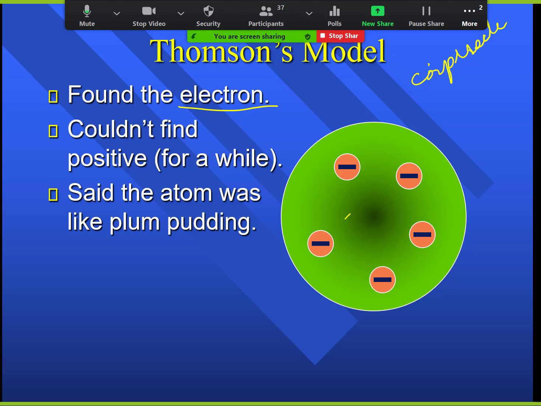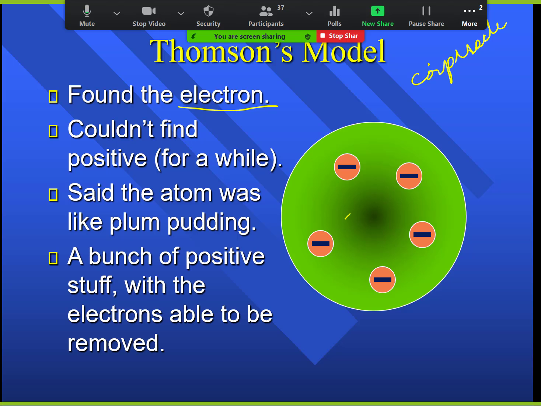Okay, it's not raisin bread. It's like raisin bread, except the bread is a spice cake like fruit cake. So you have a spice cake with raisins in it. And the spice cake stuff was the positive stuff. You had a big bunch of positive stuff that you couldn't separate.